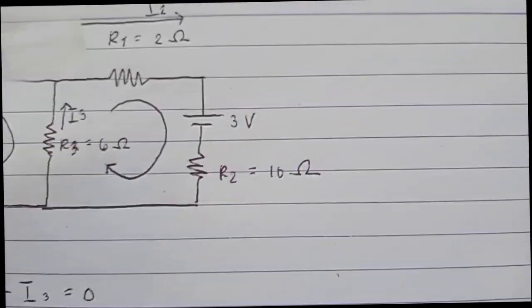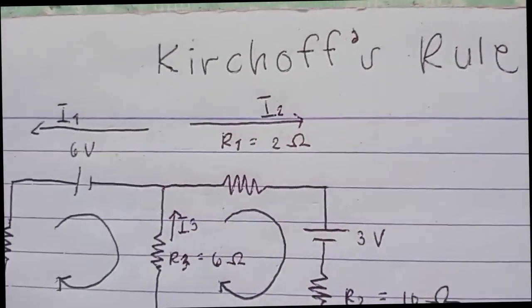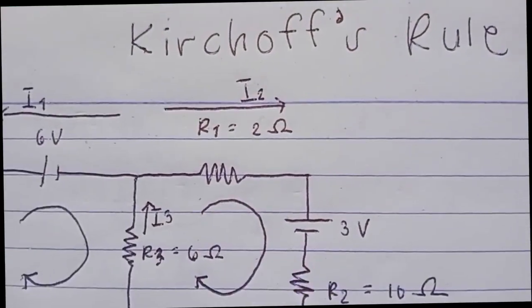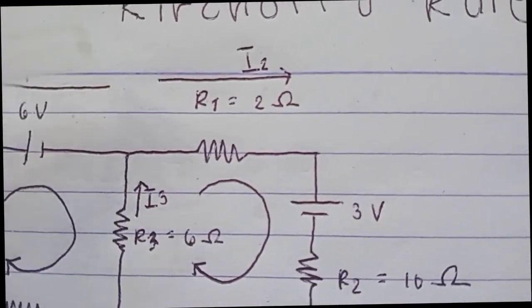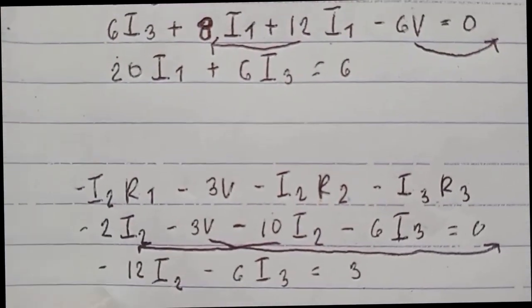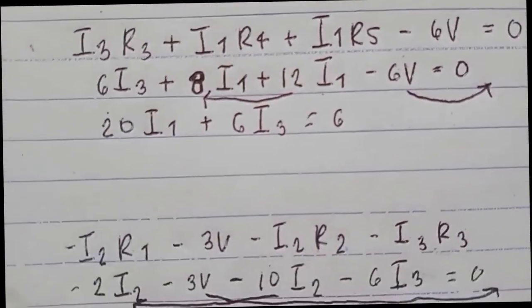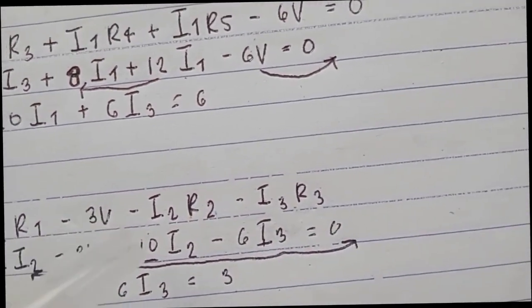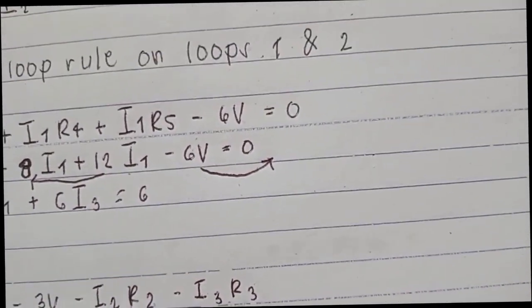And then if we go inside, I2 and R1 are not included anymore, so it would be I3, so that is what we wrote here, I3R3. So we're just going to substitute the values of our R's: minus 2, minus 10, and minus 6, equals 0.